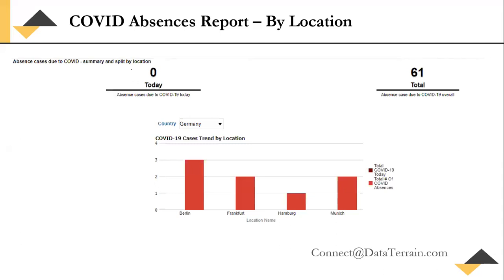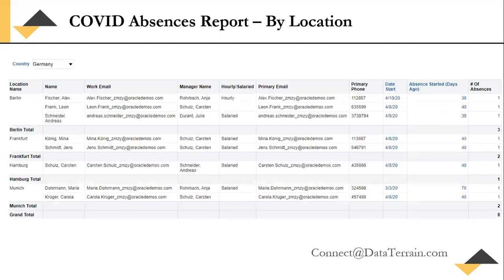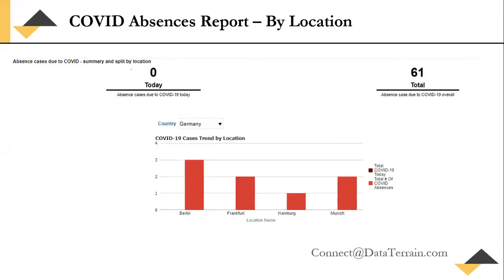This report has both a chart and a table display. In the chart, this report is filtered for the particular absence type, COVID itself. It shows how many absences were taken due to COVID.